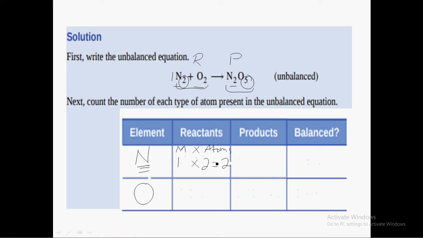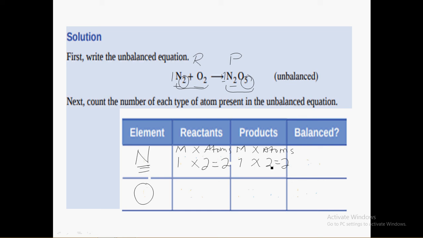And the products, the coefficient of nitrogen is 1 also. We write here the number of molecules times the number of atoms. So 1 times 2 is equal to 2.